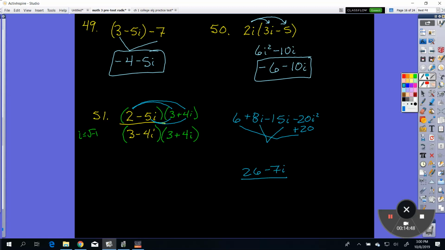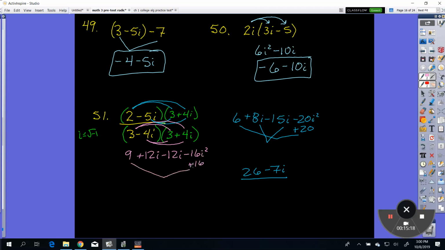We have to do the whole thing now for the bottom. So you thought you were done, but that was just the top part that we did. So now for the bottom, 3 times 3 is 9. 3 times 4i is 12i. Negative 4i times 3 is negative 12i. And negative 4i times positive 4i is negative 16i squared. So again, the i squared and the negative makes that positive 16.